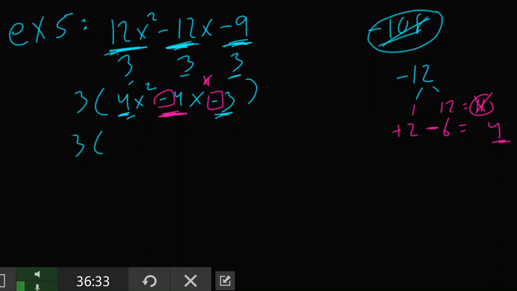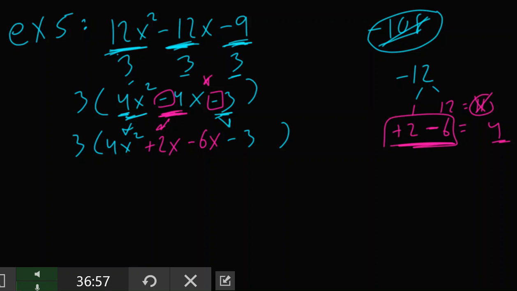I take that 3, and I keep it on the outside, and we're going to split this up as such. Remember, we keep our first term, 4x squared. We keep our last term, negative 3. And here, we know that negative 4x actually splits up into positive 2x minus 6x, courtesy of our factors right there.